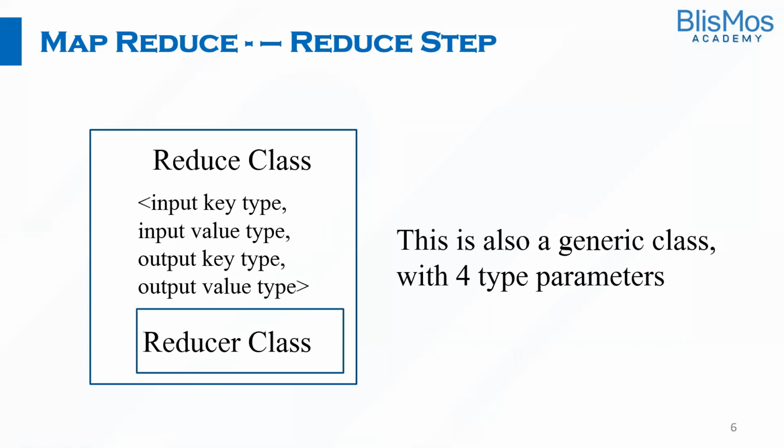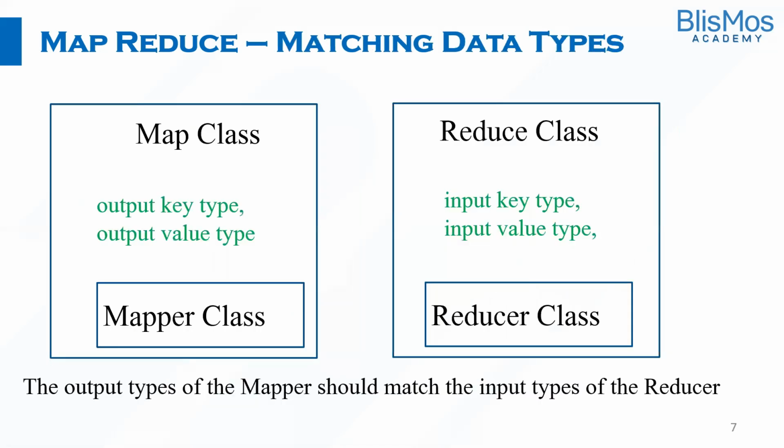Because we know that mapper and reducer logic need to have key value pairs. There will be an input key value pair and an output key value pair for both of them, as we have already discussed. In order to accept the inputs and also produce the output, we need these 4 types. If you don't have these 4 types, you will not be able to produce the intended results.